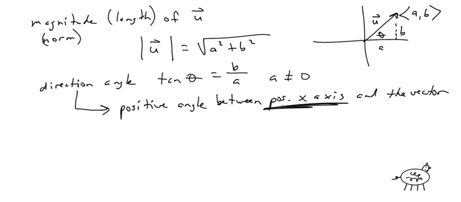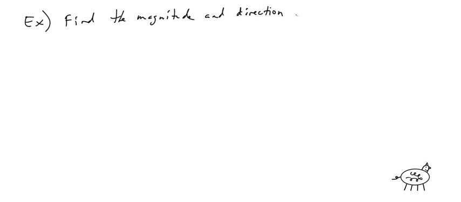All right, let's do a nice little friendly example. If I ask you to find the magnitude and direction angle of -3, -4, again, it's really easy.